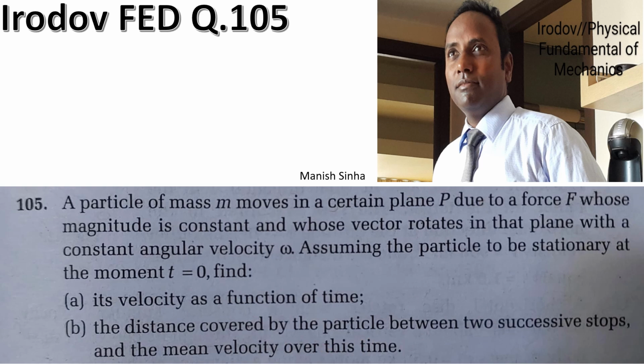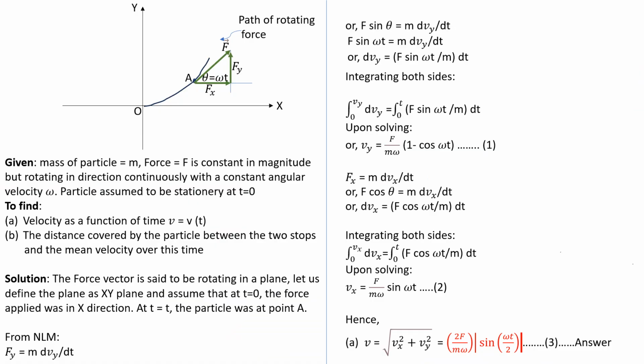Let us solve this question. You can go through the write-up, what all things are given and what to be found. We can assume that the particle was at the origin at t = 0 and the force started acting in the direction of x at that time, because this is the initial condition as per the question.